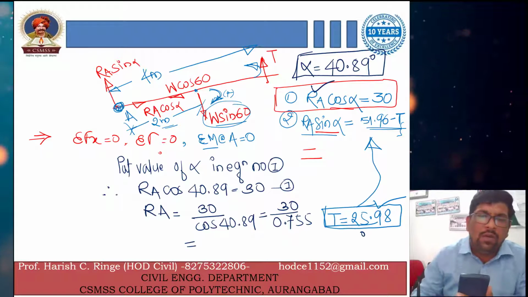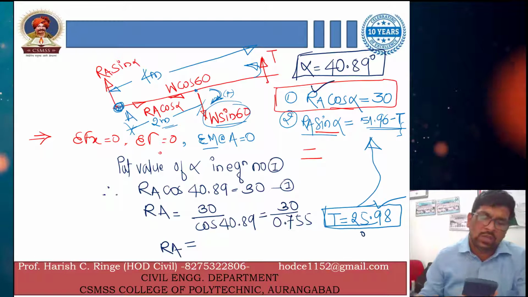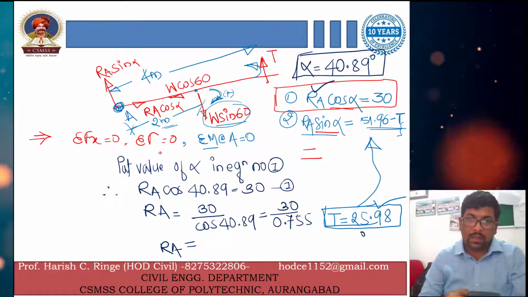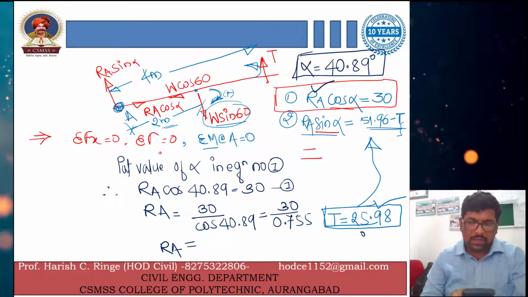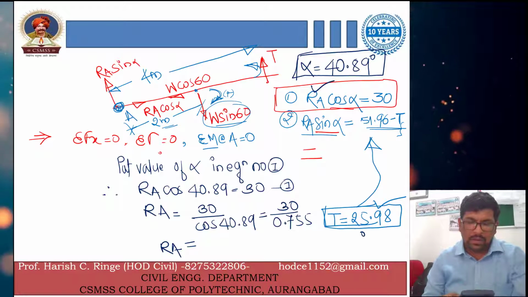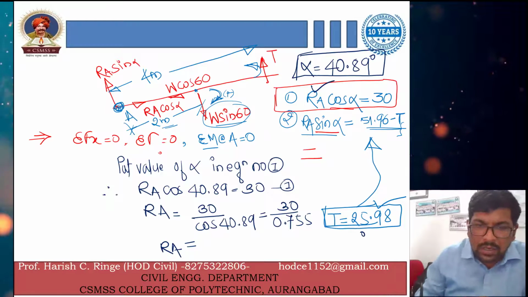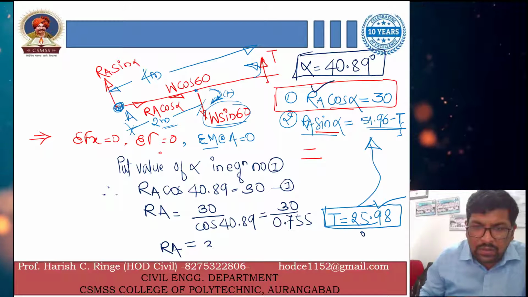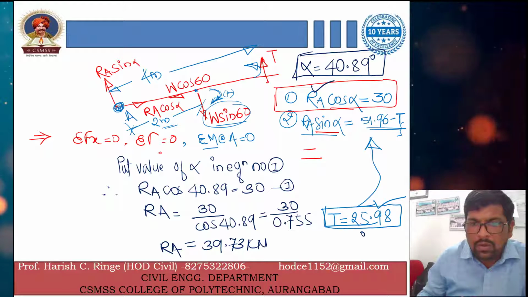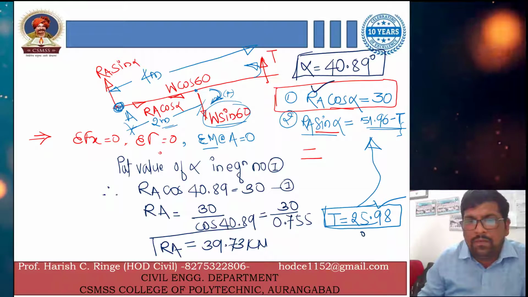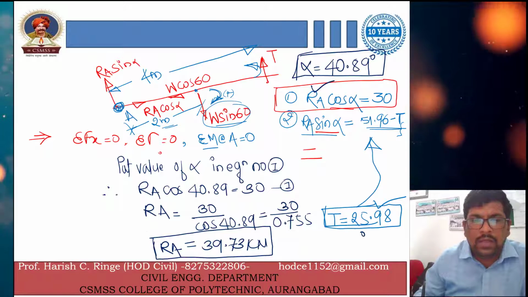So your value of Ra will be equal to 30 divided by 0.755. So it will be nothing but 39.73 kilonewton. So this is the final answer.